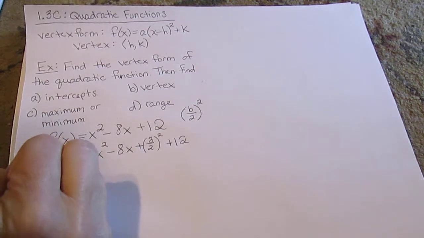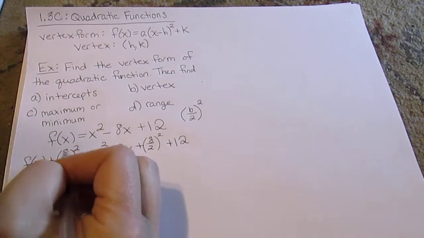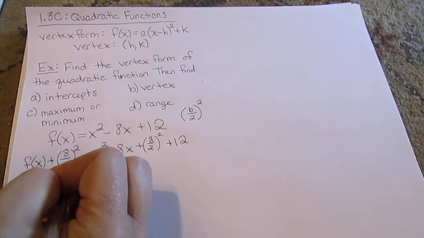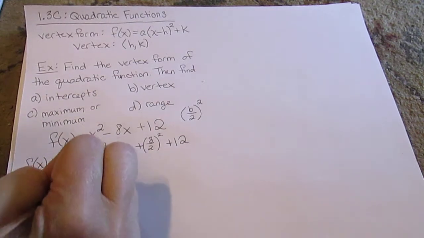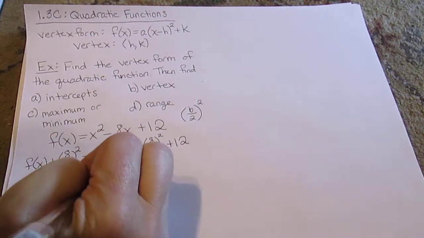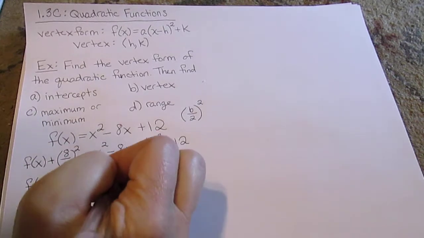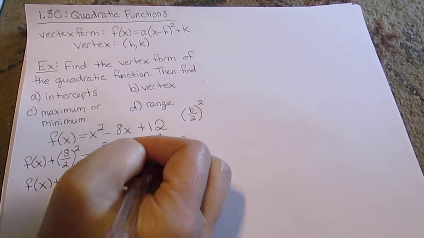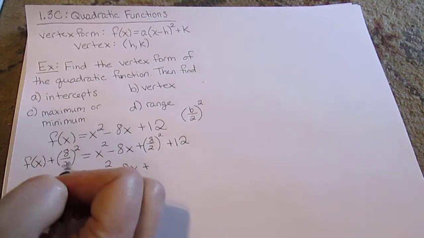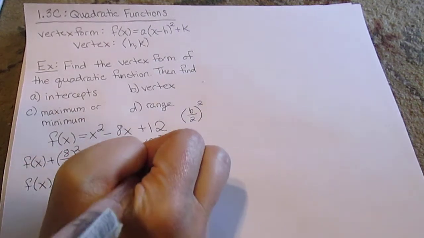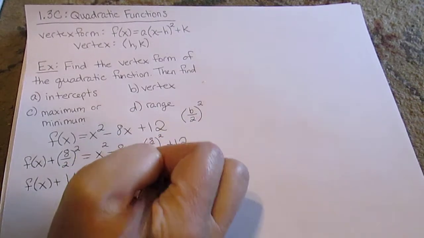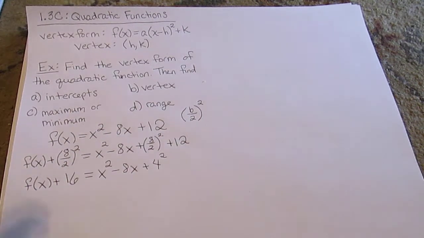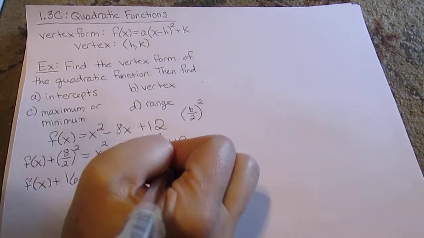So I've got f of x plus 8 divided by 2 is 4, and then 4 squared is 16 equals x squared minus 8x. And of course this is 16 again as well. It was the same thing, but I'm going to leave it 4 squared, and you'll see why in a second. Because if you just follow this formula, you'll be able to pull down the pieces.